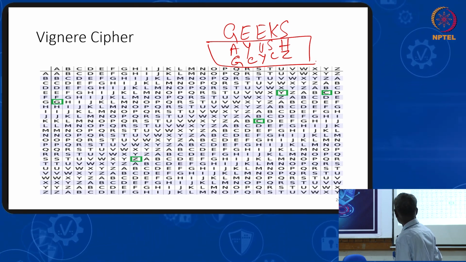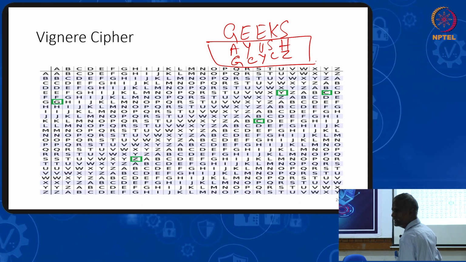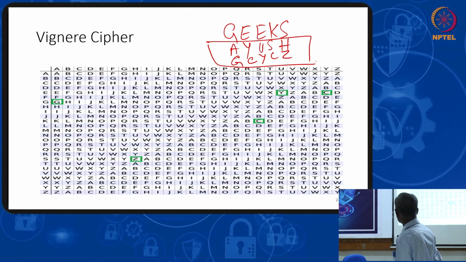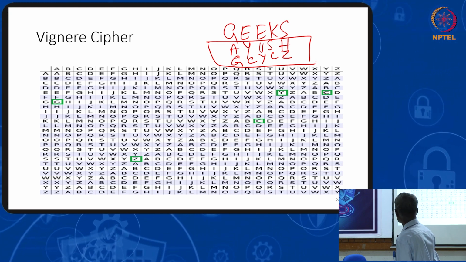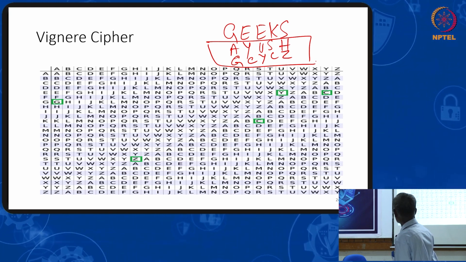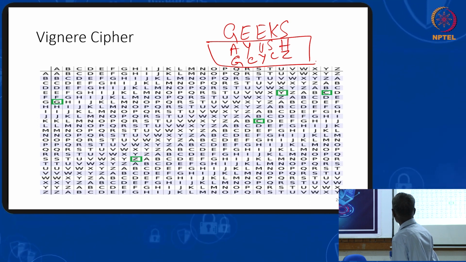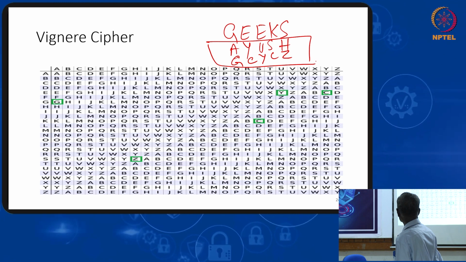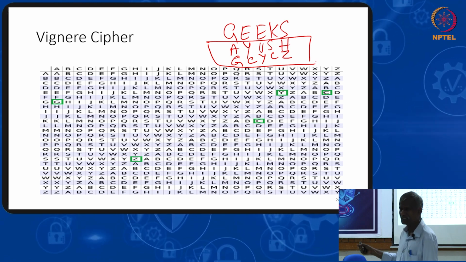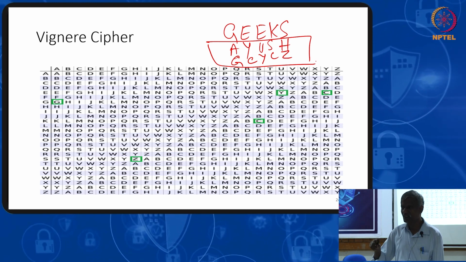If you take U, you have to search for Y. If you take S, you have to search for C. If you take H, let me take H. Search for Z. Where is Z? Yes. You are able to understand?